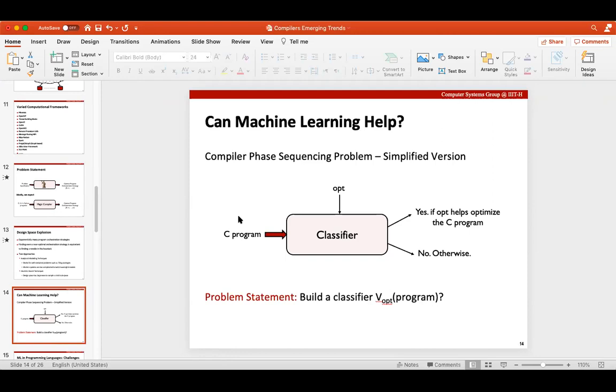For those of you who are looking at the application of machine learning in systems, this is an interesting problem.